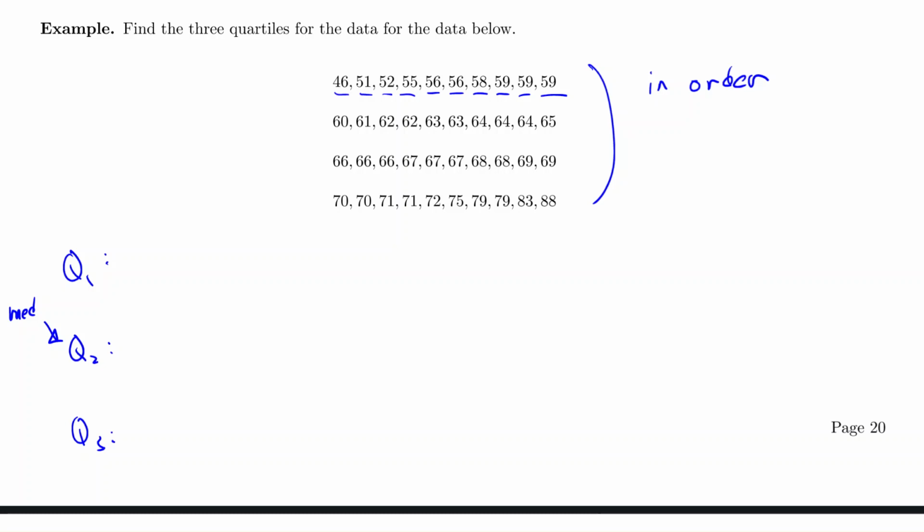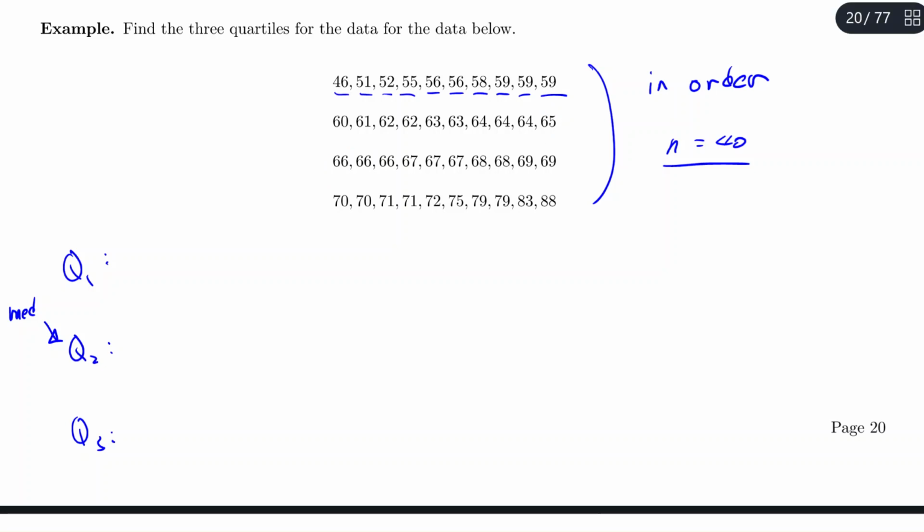So for median, we look at 2 middle numbers. We have 40 numbers. Total size of this data is 40. That means for median, what we have to do is look at the middle 2 numbers, 65 and 66. Those are the 2 middle numbers.